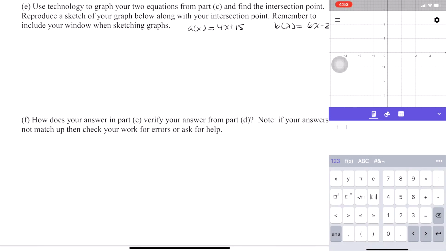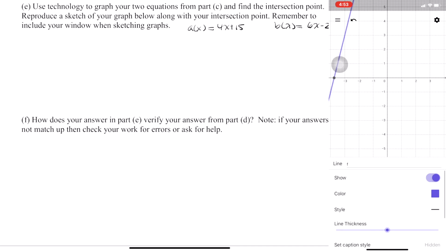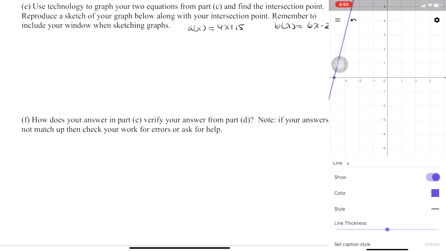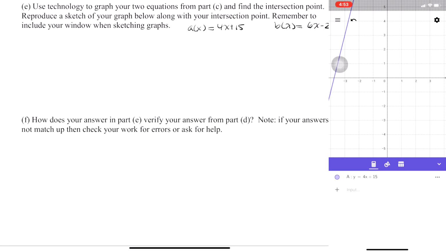So here in GeoGebra, start by typing in y equals 4x plus 15. And that's company A. And we can actually rename that by tapping the settings. And let's call this A to match up with company A. So there it is, company A.